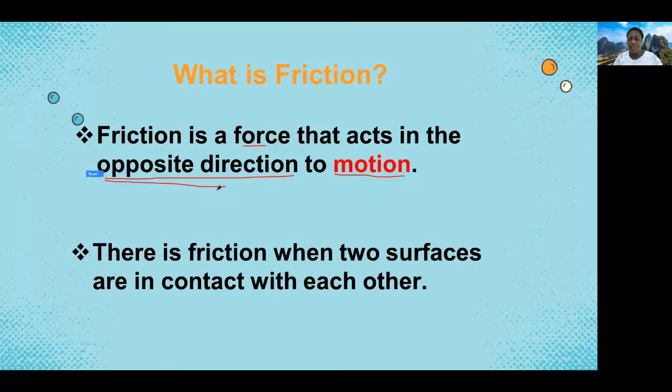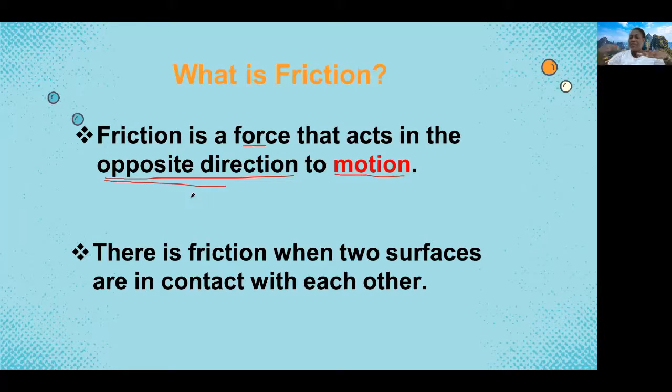This is the first thing you have to understand, that friction is a force acting in the opposite direction to motion. For example, when something is moving, there is a force acting towards the opposite direction, and that force is called friction.